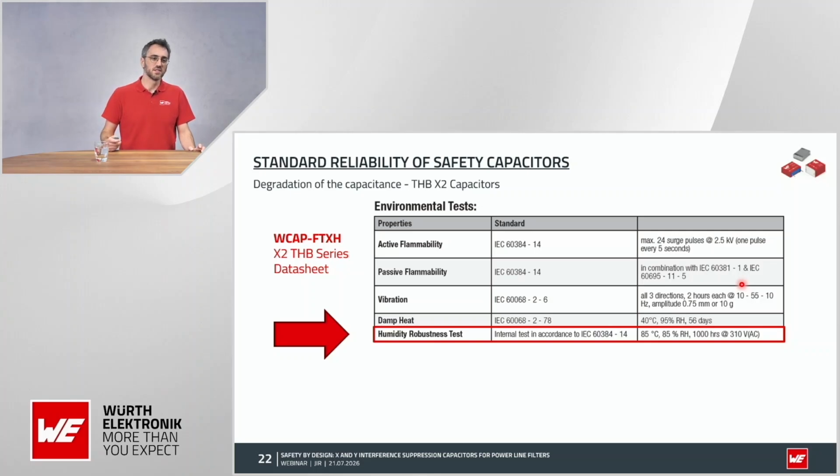For this series, in our case, we have the FTXH series of THB capacitors. We include a comment in the table where we specify that this capacitor is passing the THB test, in the same conditions I mentioned.